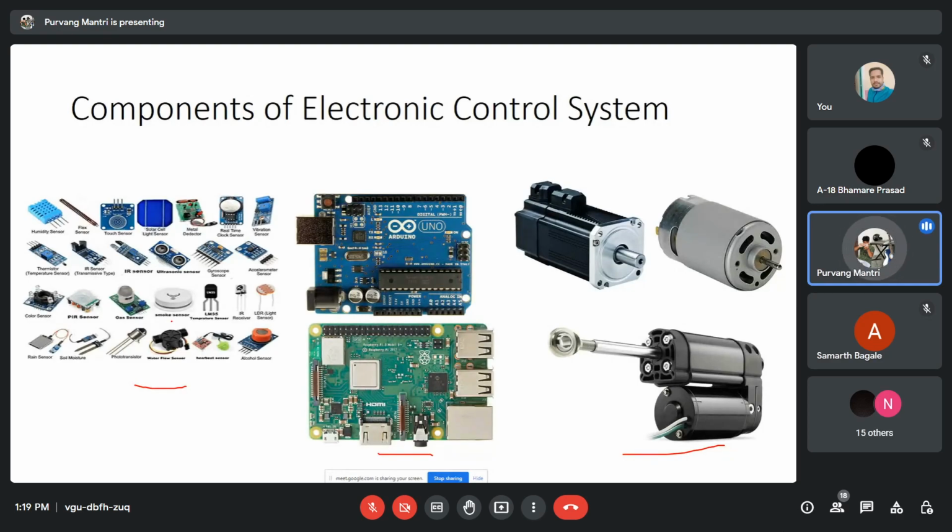Similarly, we have a humidity sensor, whose resistance will change if the humidity of the atmosphere rises or falls. Then we have the accelerometer, which is a type of gyroscope or gyro sensor. Gyro sensors and accelerometers are defined differently, but their functioning is almost the same. An accelerometer will sense the change in speed.